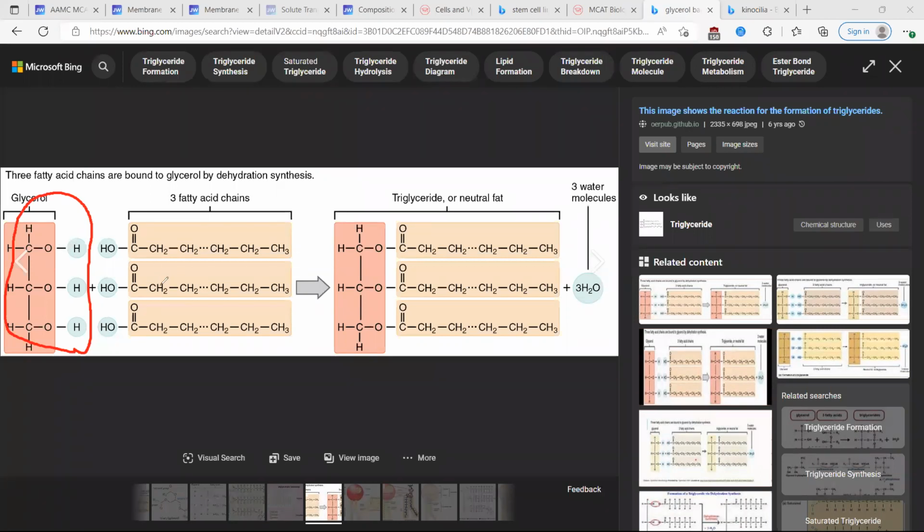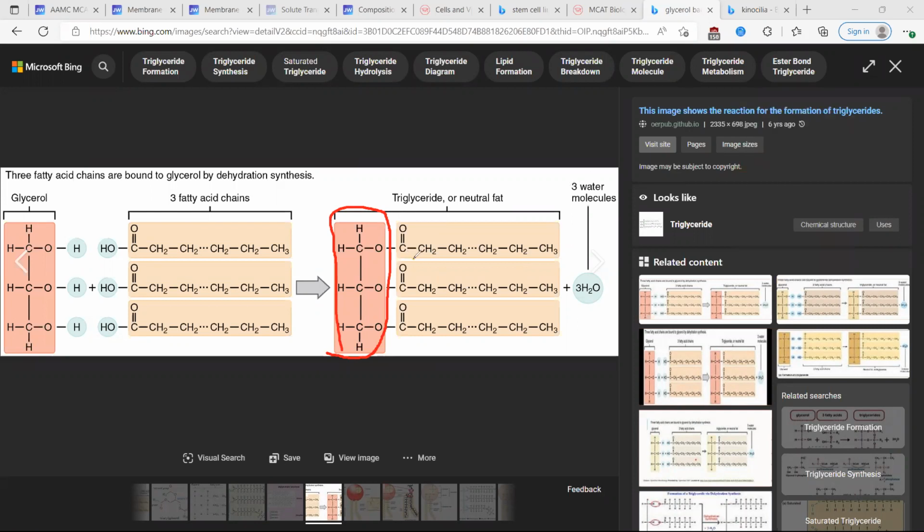And on the fatty acid, we also have some OH groups, right? These fatty acids. And when they combine, they look like this, right? However, there's two different regions, right? There's a glycerol backbone here, and then there's these fatty acid chains, right? So the chains are different from the glycerol.